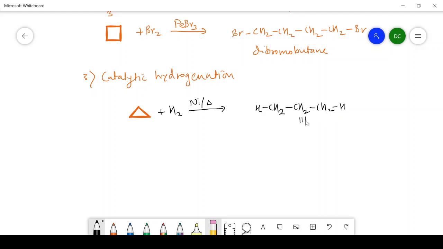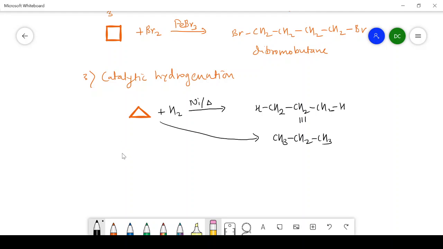So the overall structure is CH3CH2CH3. So the cyclopropane is directly converted into propane by the catalytic hydrogenation reaction, in which ring breaking occurs and these two hydrogens are attached to the terminal carbons of the chain.